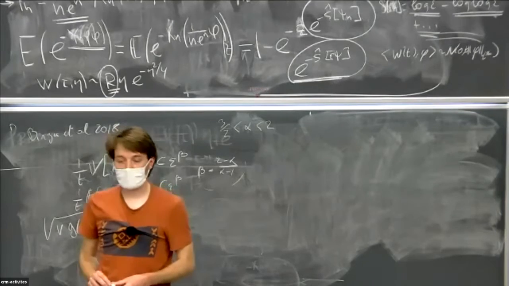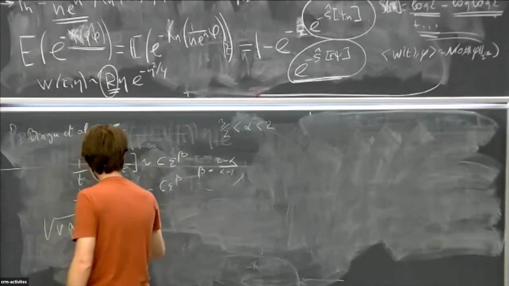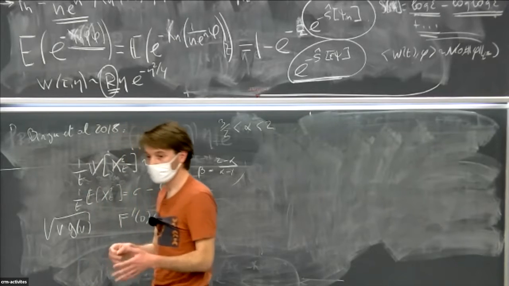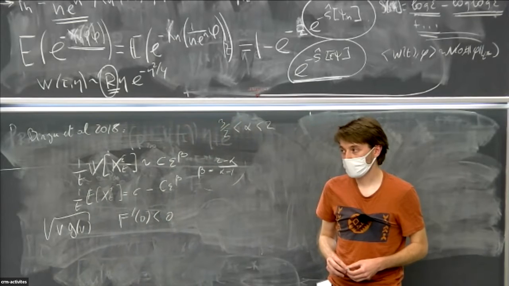There are some questions in the chat. I want to ask, does bistable mean that you have two stable values? What is the meaning of bistable? Yes. Bistable means that essentially f prime of 0 is negative, so that 0 is locally stable and 1 is locally stable. Does that answer your question?